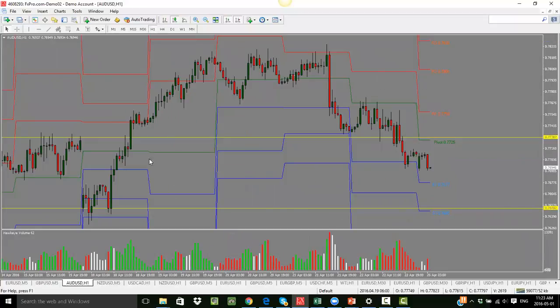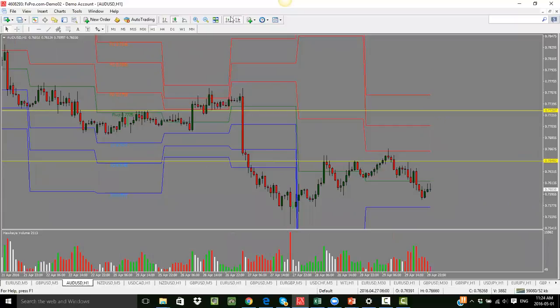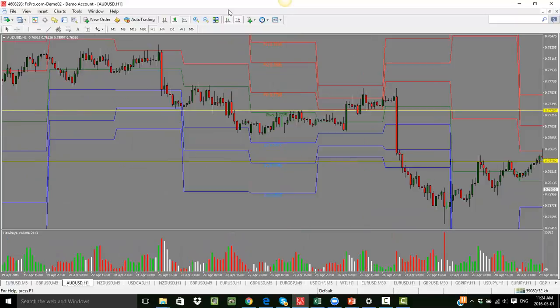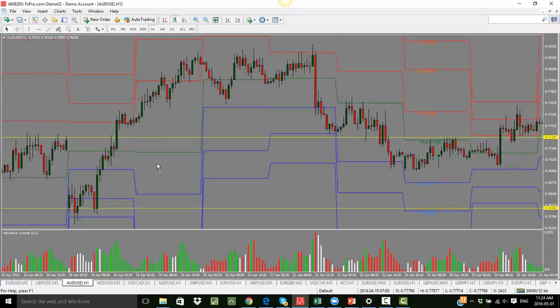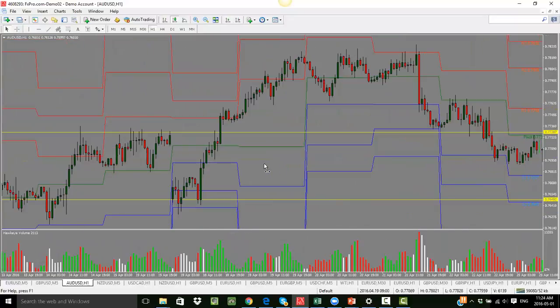What news had come out? It was the New Zealand dollar. Yes, they did not cut interest rate. Let me check, when was that? It was a big pin bar a few days ago.